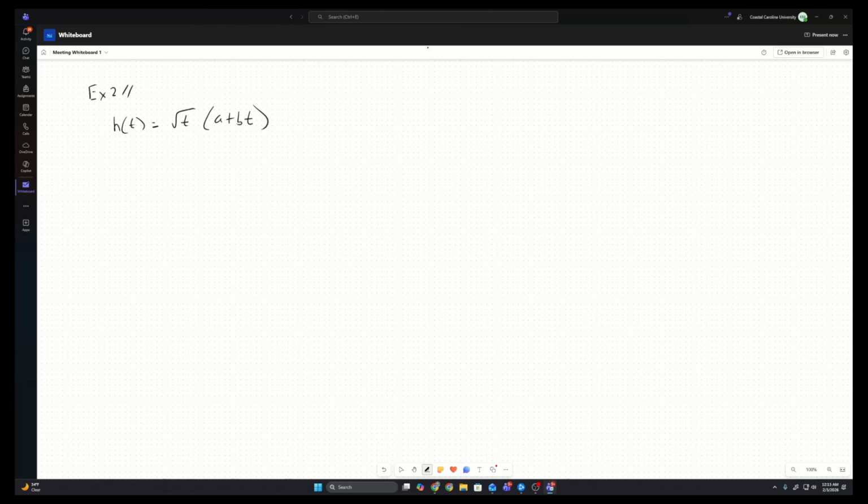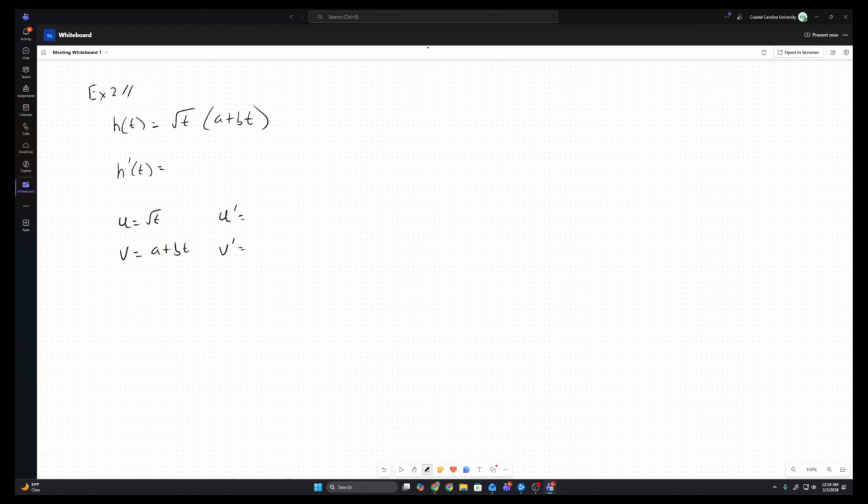We're asked to differentiate, so we want h prime. It's going to equal something. Okay. Now, if I use the UV method, u is going to be the square root of t. V is the a plus bt piece. So the question is, what is u prime and v prime?